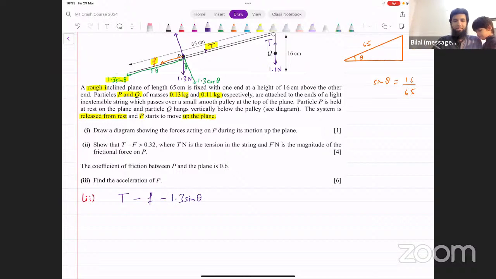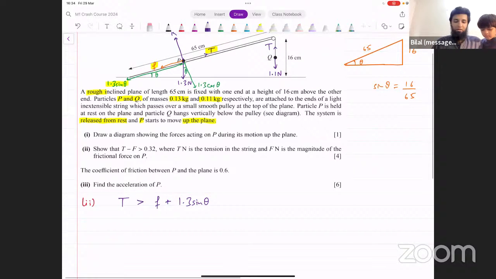So that means T minus F minus 1.3 sine theta should be greater than 0. Or we could also think of it this way: we could say T is greater than F plus 1.3 sine theta. Make sense? Only then the object can move up the plane, when T is greater than the forces acting down the plane.